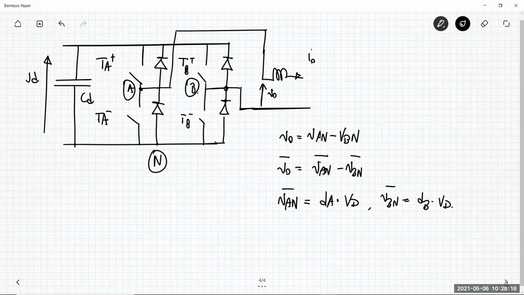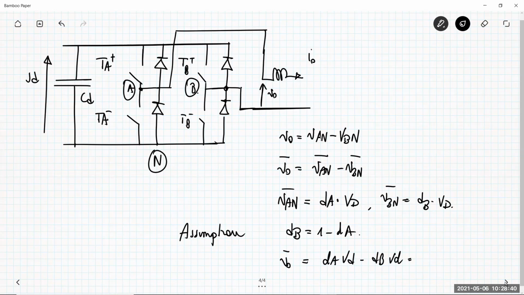My assumption is that the duty cycle of leg B is simply 1 minus the duty cycle of leg A. And so V naught averaged is dA VD minus dB VD, so it is 2 times dA minus 1, times VD.